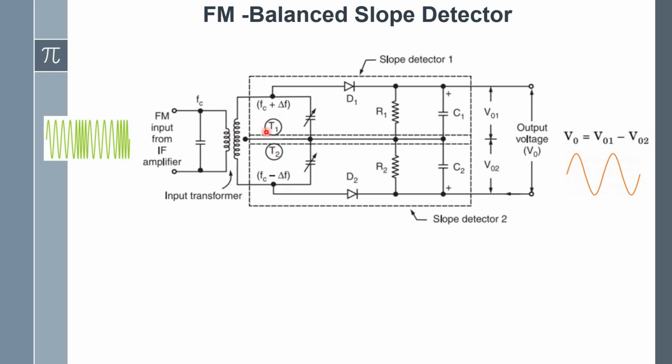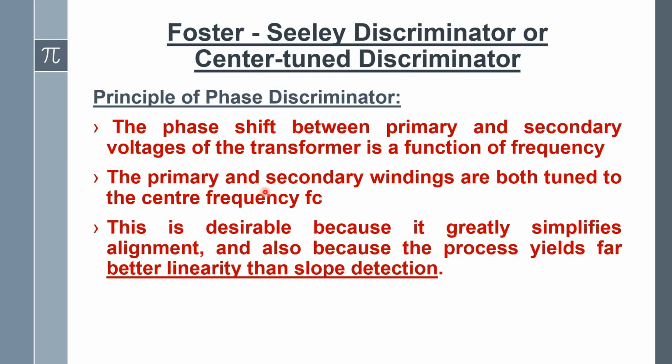This problem is eliminated by using the Foster-Seeley discriminator. By making these changes, we are also increasing the linearity. In the balanced slope detector, the linearity is less compared with the Foster-Seeley discriminator. In the circuit diagram of the Foster-Seeley discriminator, we can identify the exact difference.